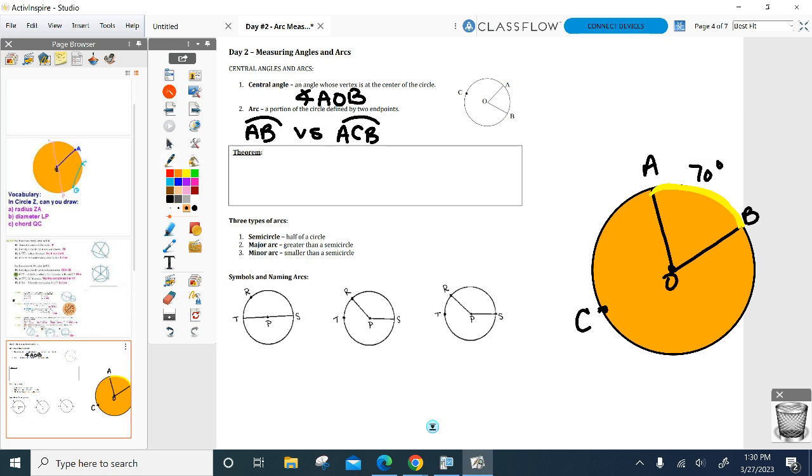Here's your first theorem of the unit. Whatever the arc measure is, it's the same as the central angle. So if I know that arc is 70 degrees, so is that central angle right there. So first theorem of the unit, measure of an arc is equal to the measure of its, what do we call that angle again?